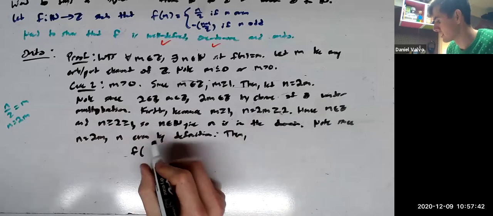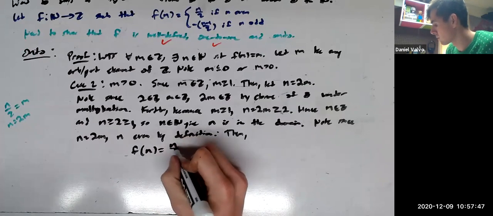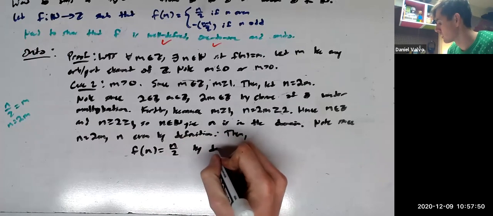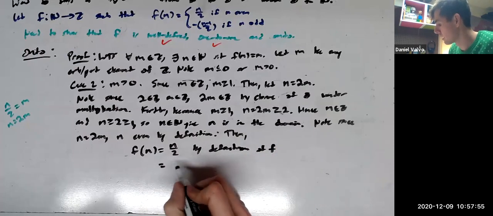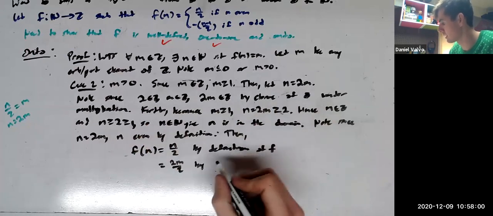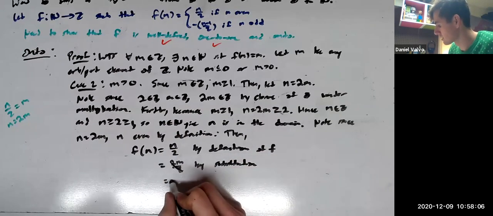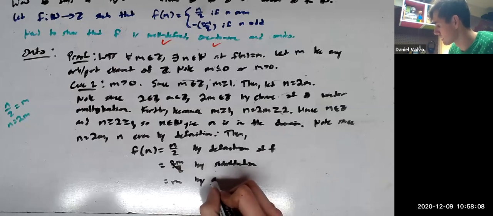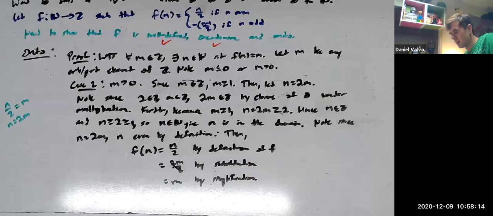Then, since n is even, we'll use this top case here. f of n equals n over 2 by definition of f. And then n over 2 is going to be 2m over 2, by substitution. It's going to cancel, so we get m by simplification. So n is now in the domain, and you can plug it into f to get m.